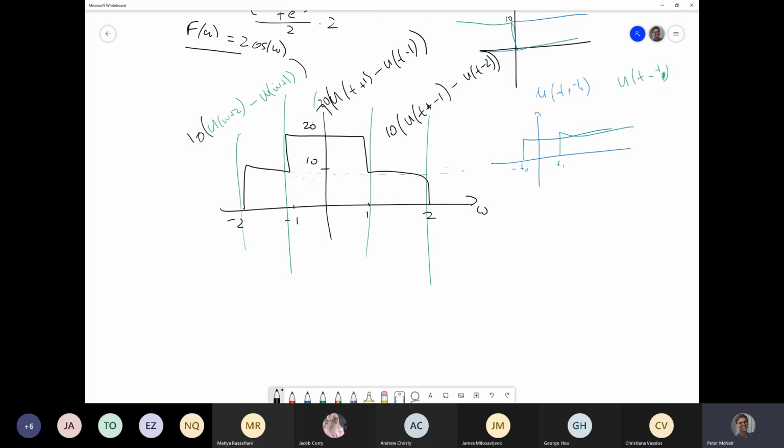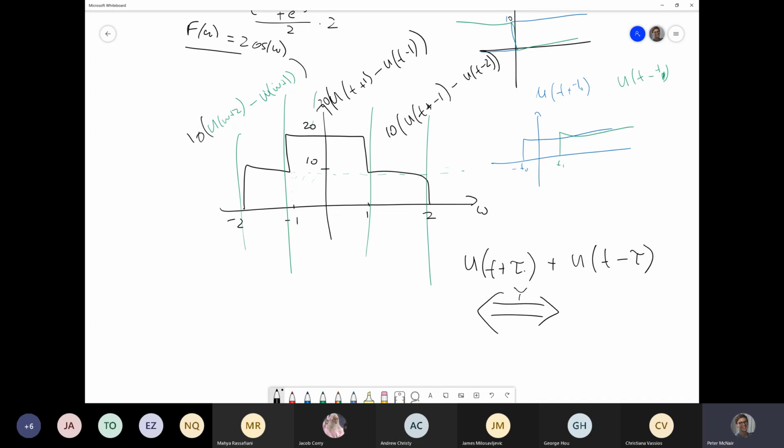Yeah, they're quite dense. We know that u of t plus tau minus u of t minus tau has a Fourier transform pair.